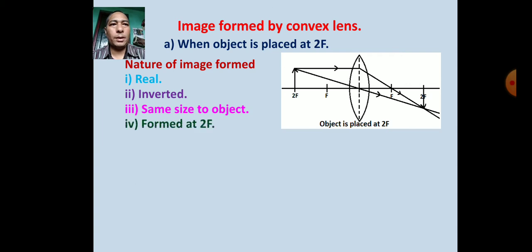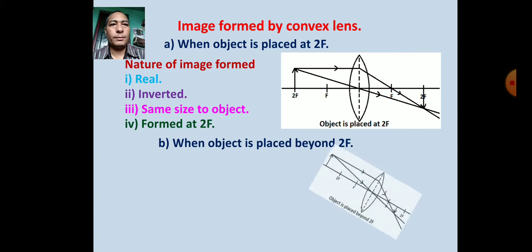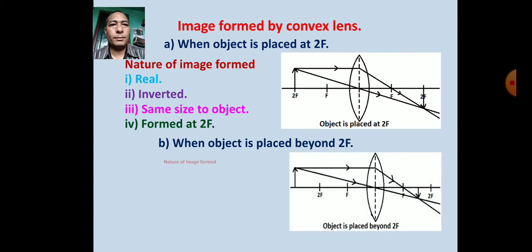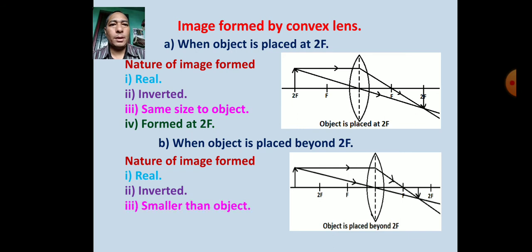Formed at 2f. B. When object is placed beyond 2f, nature of image formed: 1. Real. 2. Inverted. 3. Smaller than object. 4. Formed between f and 2f.